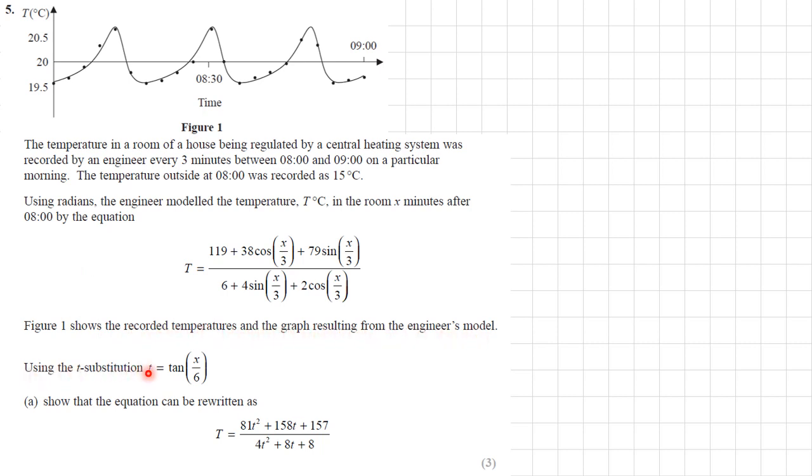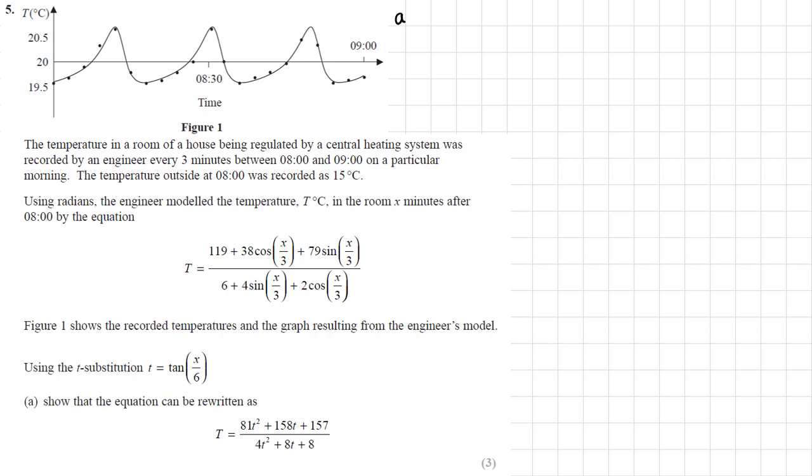Using the t substitution, t is equal to tan X over 6, show that the equation can be rewritten as T is equal to 81t squared plus 158t plus 157, all over 4t squared plus 8t plus 8.